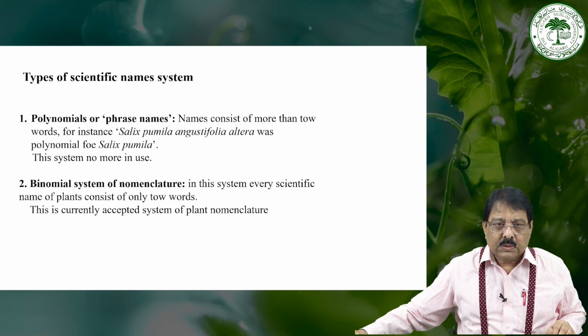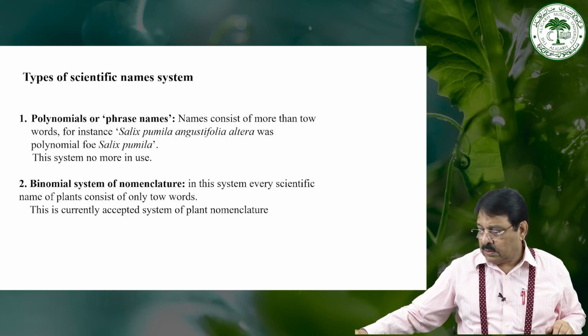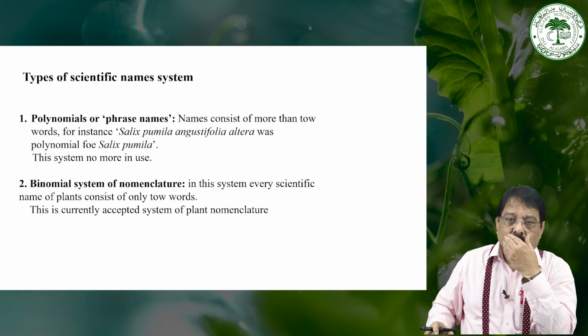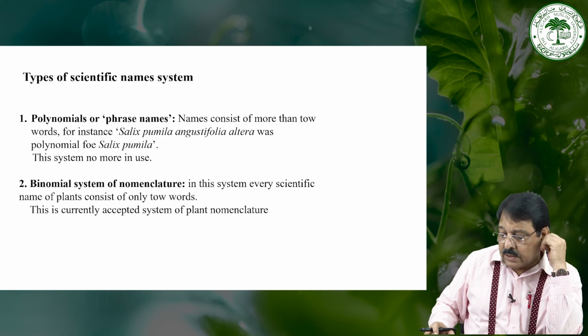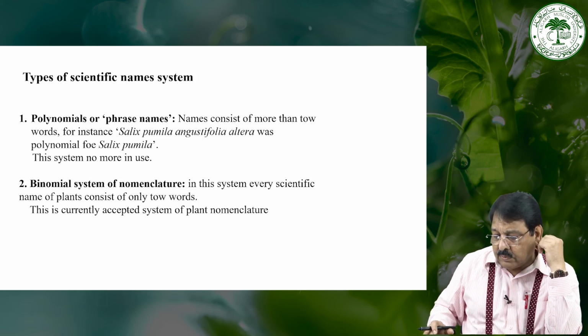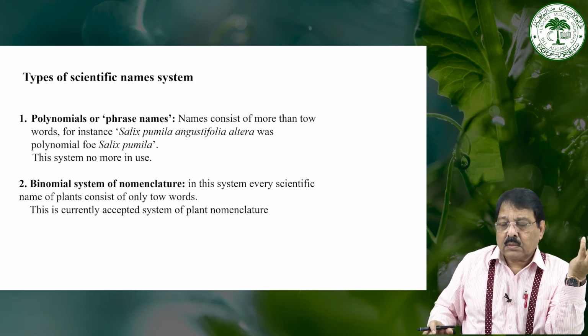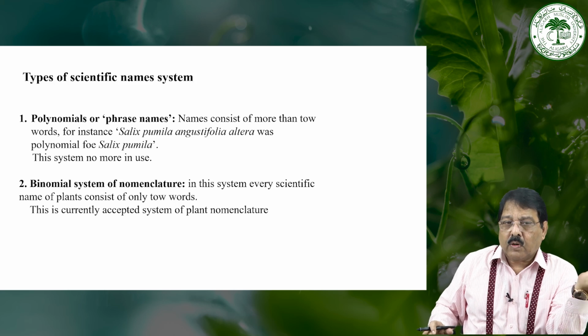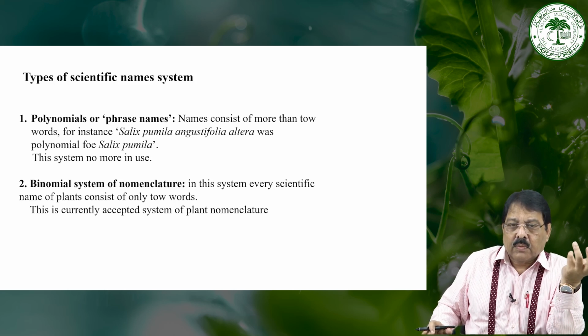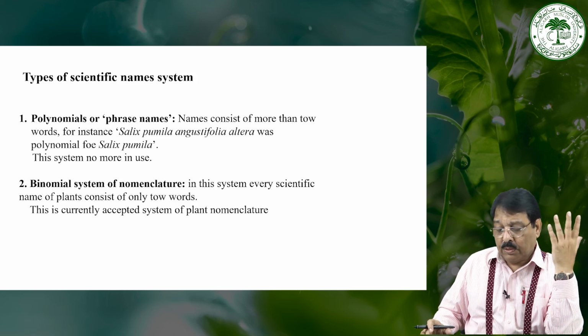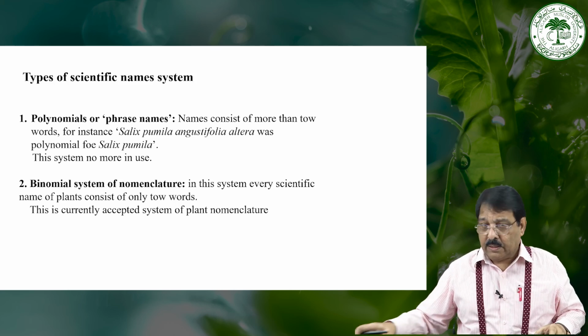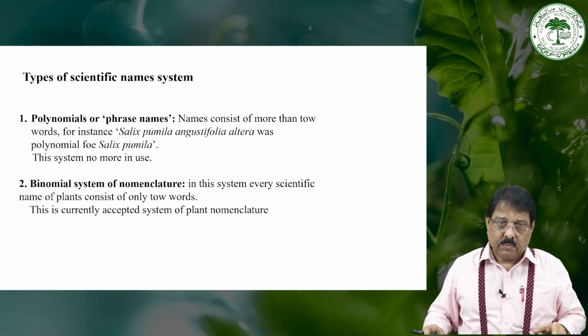Then the problem was almost solved by Linnaeus. Before Linnaeus, there was mononomial and polynomial nomenclature, but it was very difficult to remember even a single name of the polynomial nomenclature.